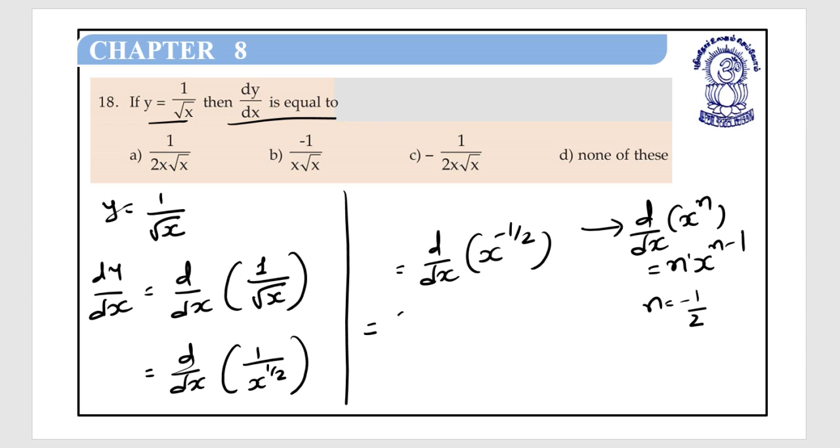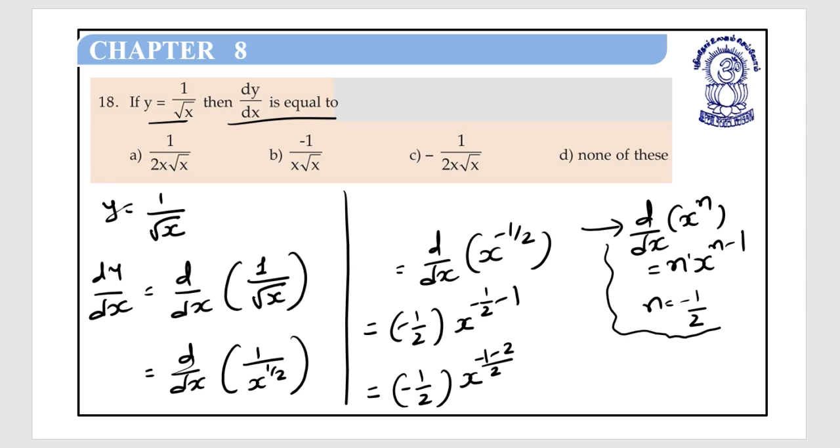So minus 1 by 2 x raised to minus 1 by 2 minus 1, which is minus 1 by 2 x raised to minus 1 minus 2 by 2, that is minus 1 by 2 x raised to minus 3 by 2.